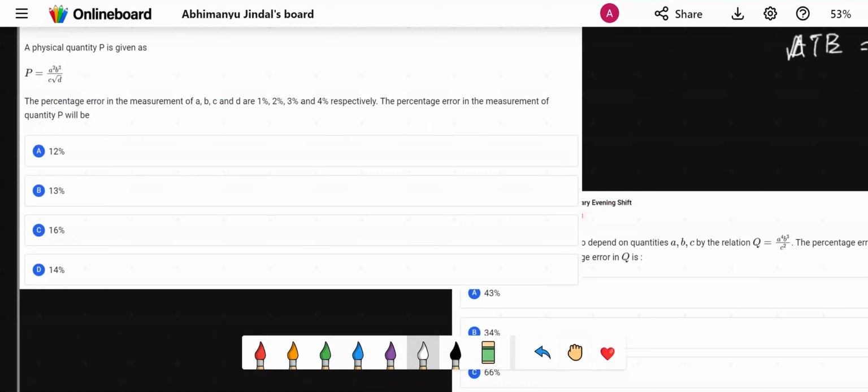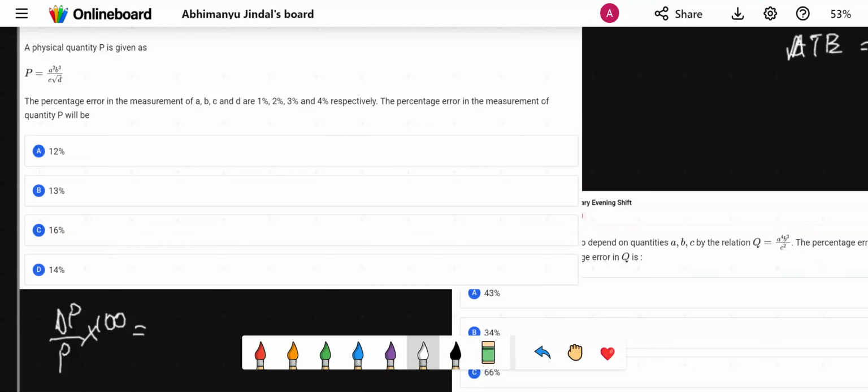Just watch. Delta P by P, which is the percentage error. So you have to find the percentage error, which is delta P by P into 100. Because I multiplied by 100 on this side, 100 gets multiplied on every side, so percentage error of P equals the sum of the percentage errors.